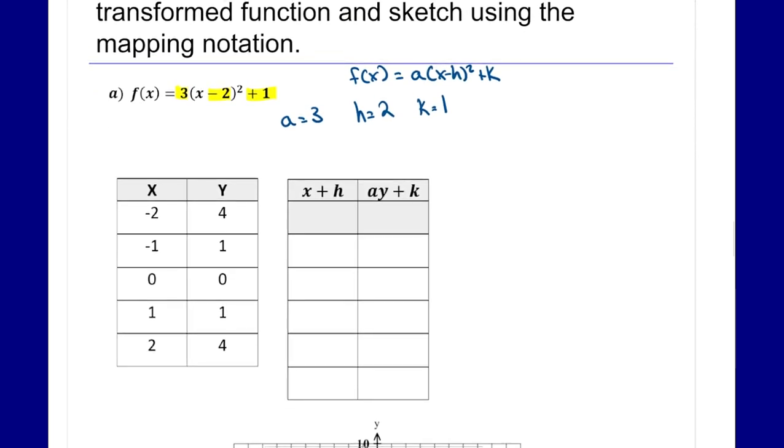Now using that, I have enough information to graph my transformed function. I have my parent function and I have the mapping notation. This means that for every x value, I'm going to add h, which happens to be 2. For every y value, I'm going to multiply it by 3, and then I'm going to add 1.